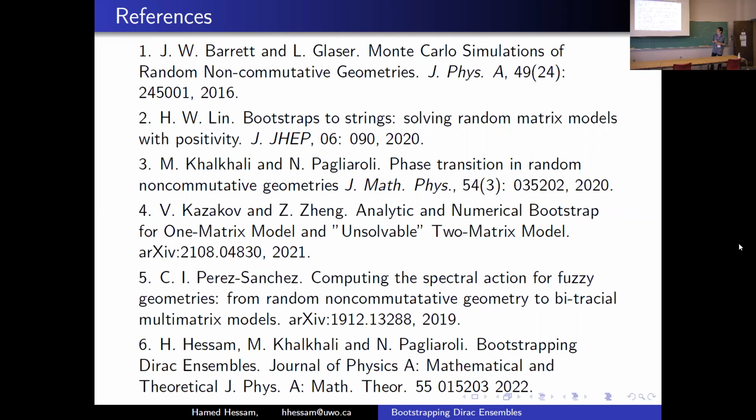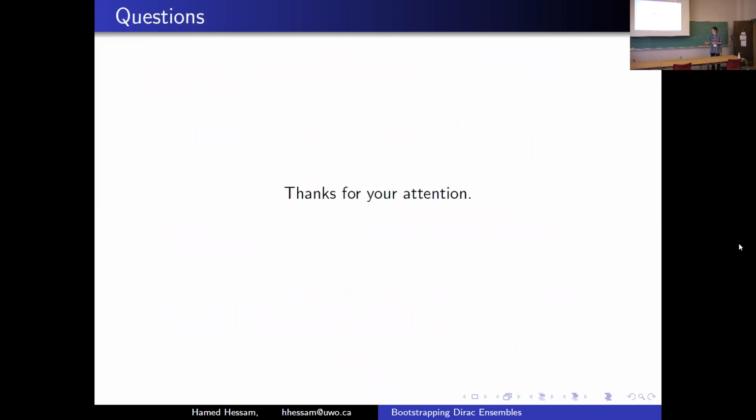And because of Kazakov and Zheng, they developed the relaxed bootstrap. And Carlos Perez Sanchez also computed the spectral action, I mean the trace of powers of D, by using chord diagrams, and that's a very nice paper to read. And the last one is the paper I just presented. And that's it.